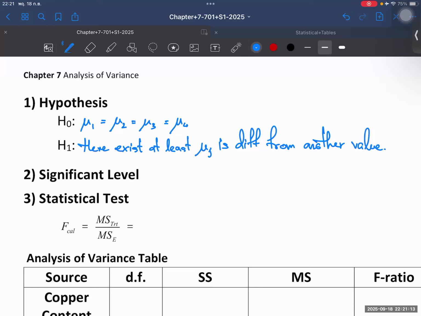Okay. So the significance level alpha is 0.10.